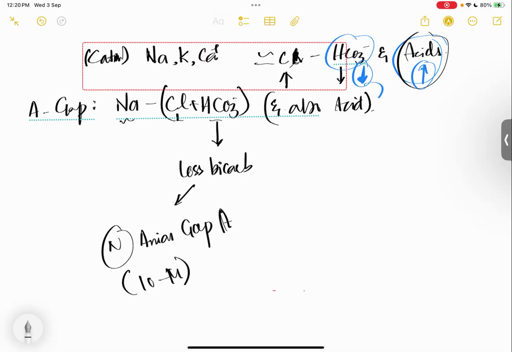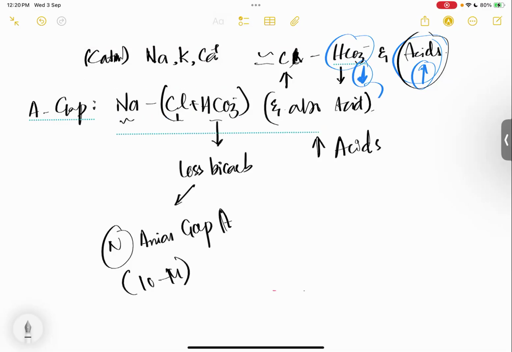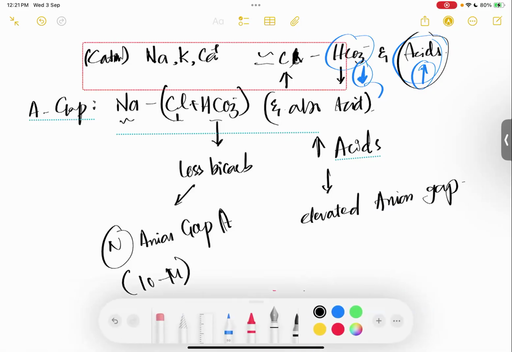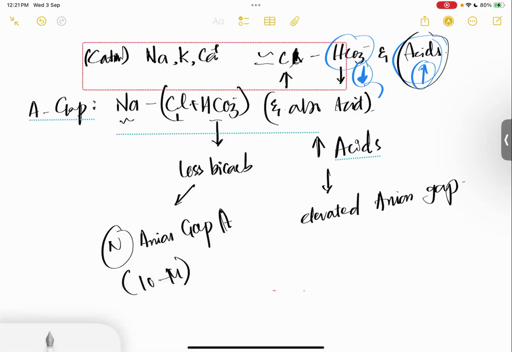But the important concept over here is, if we have increased acids, we will call it elevated anion gap. Some of you will be confused that you have told us that when acids increase, bicarb decreases, right?